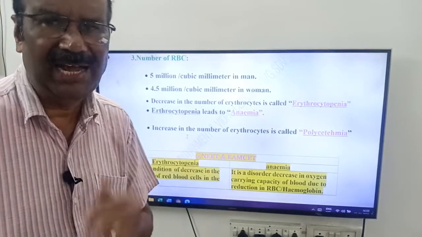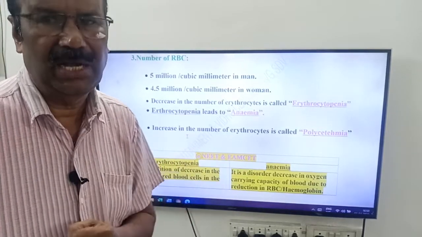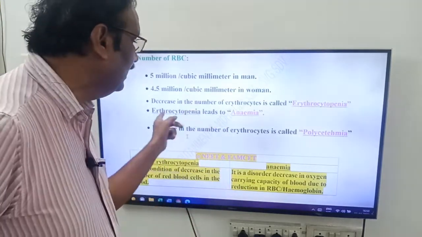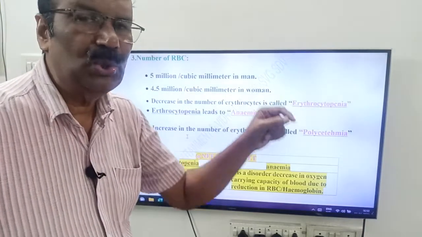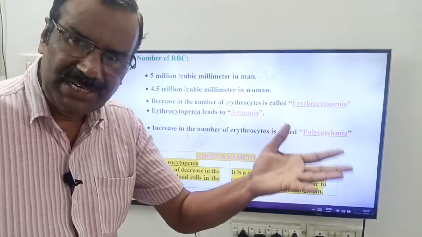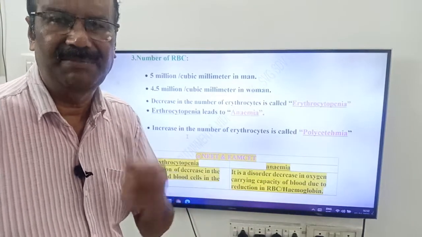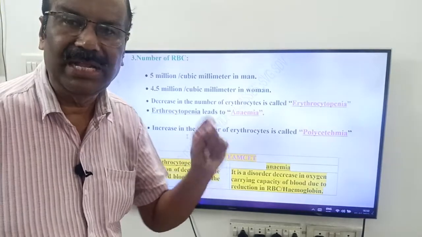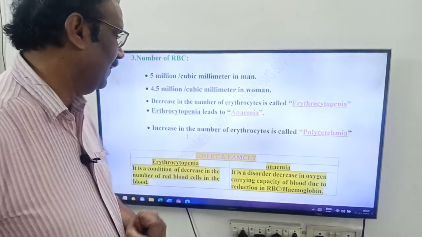If he or she has less than the normal count, it is called what friends? Erythrocytopenia. Erythrocyte means what friends? Red blood cells. Penia means reduction or less in number. So a decrease in the number of erythrocytes is called erythrocytopenia.